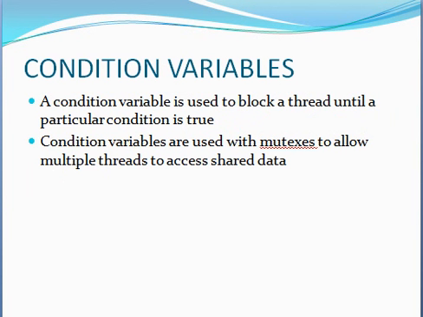Next are the condition variables. A condition variable is used to block a thread until a particular condition is true. Condition variables are used with mutexes to allow multiple threads to access shared data.